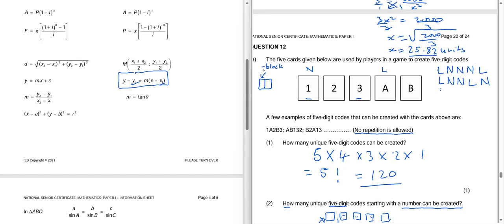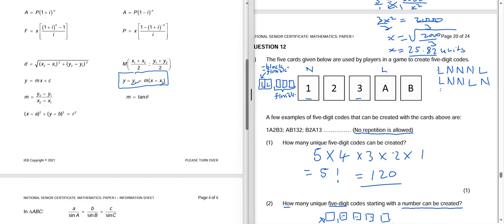And that block is flexible, because we are not saying that those letters should be in the first position or the second position. So that block is for letters being next to each other. And then we have individual numbers. Those numbers, they are flexible.